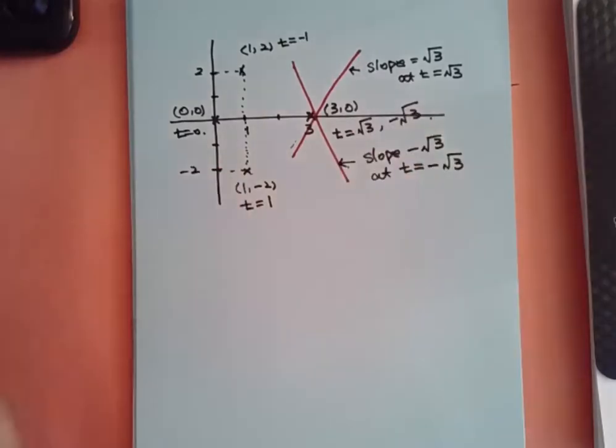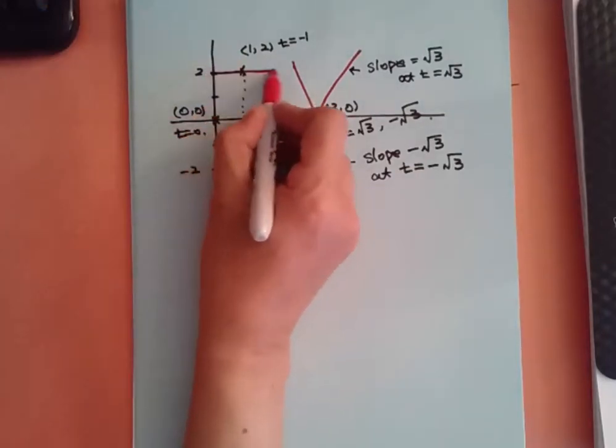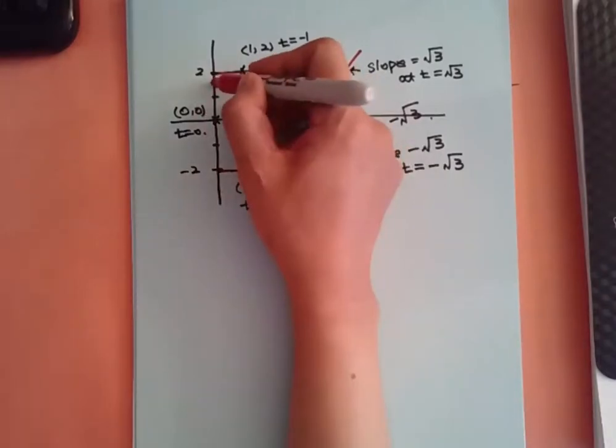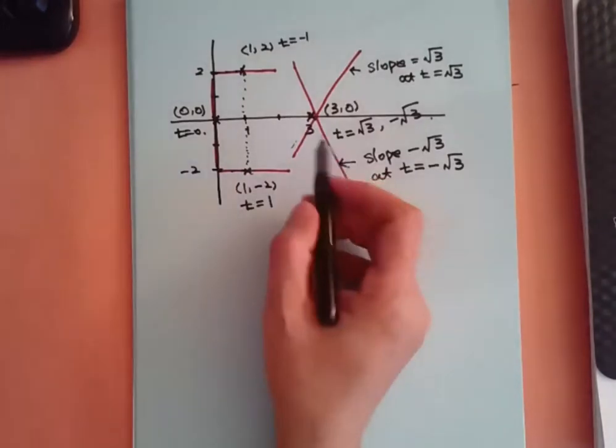And then there were horizontal tangent lines, so we draw the horizontal tangent lines, and at 0, we have a vertical tangent line.